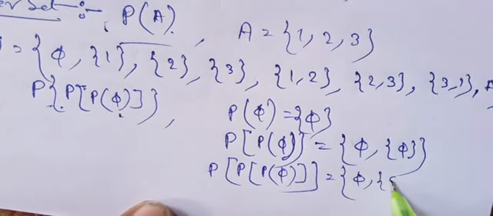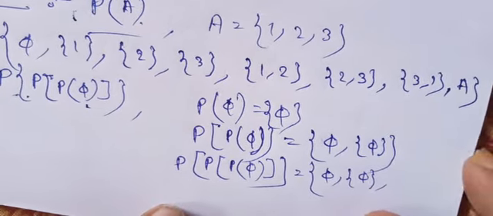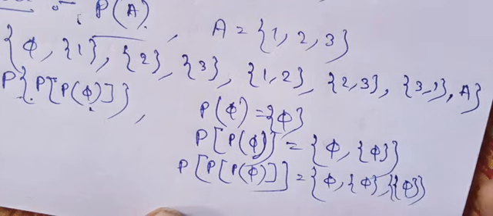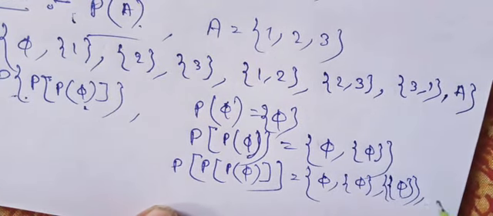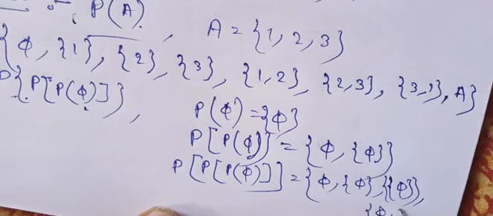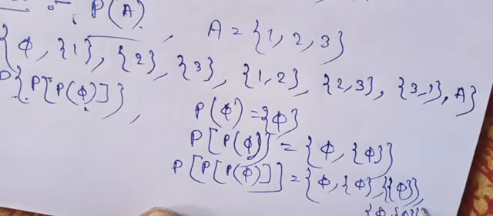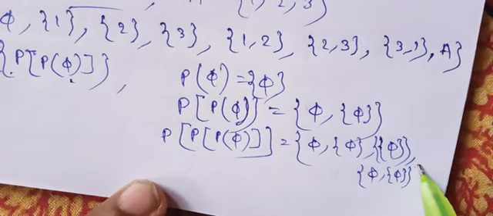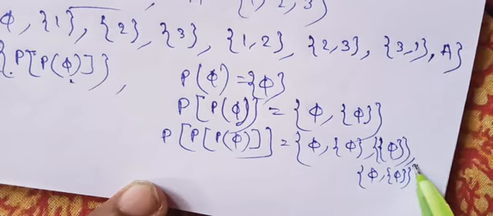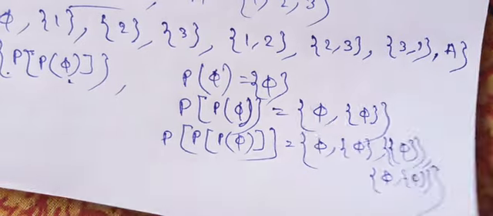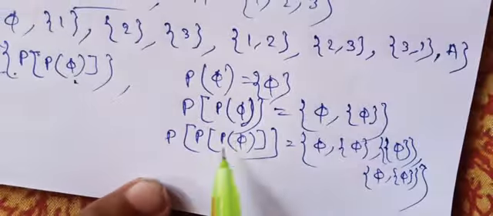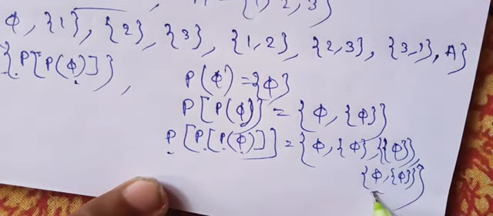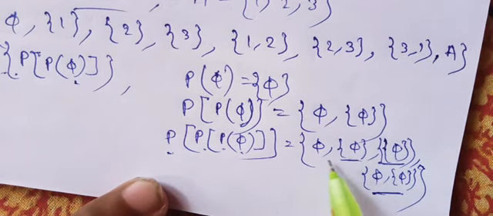Phi. Okay, so the number of elements of the power set of phi is equal to 1 element, 2, 3 and 4.